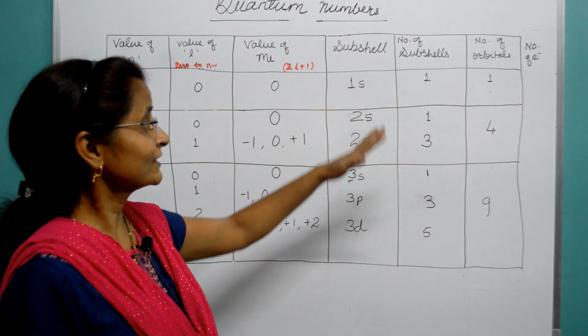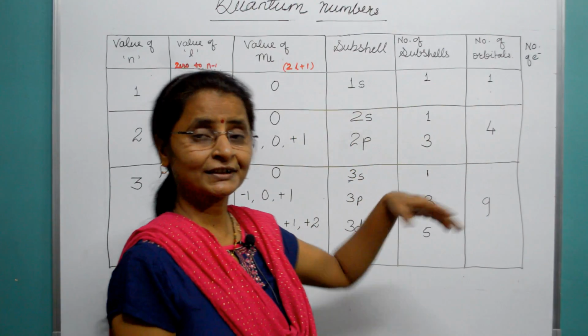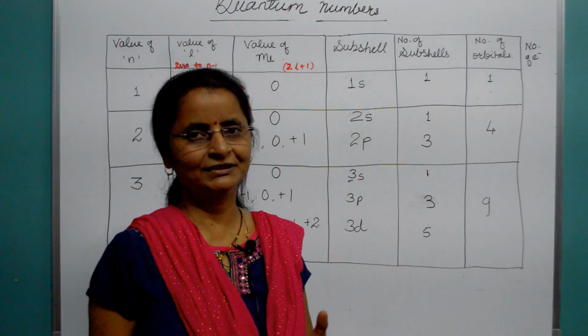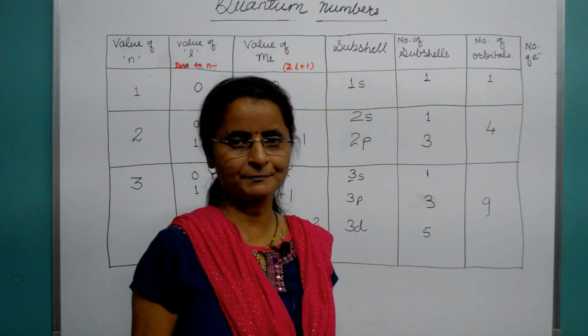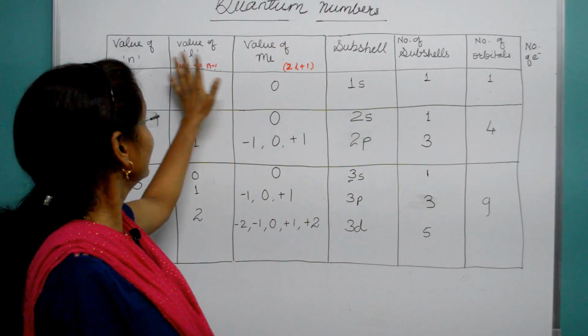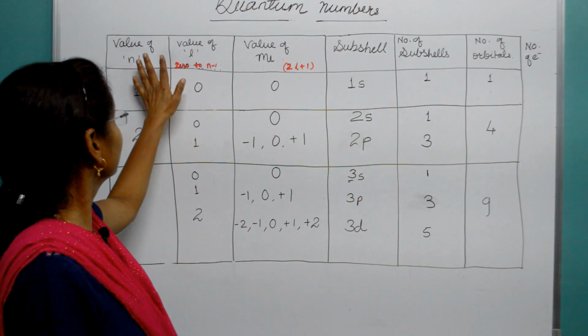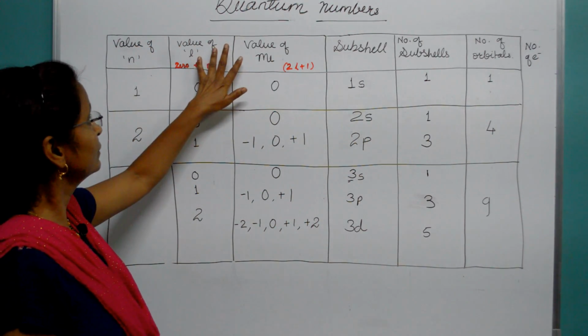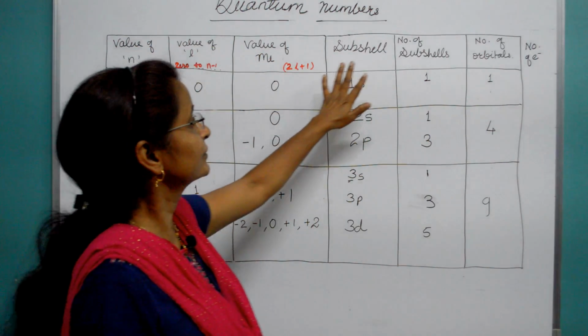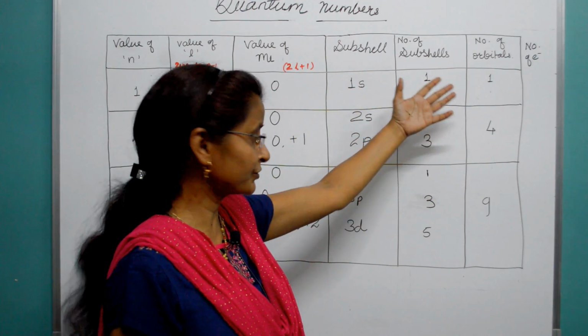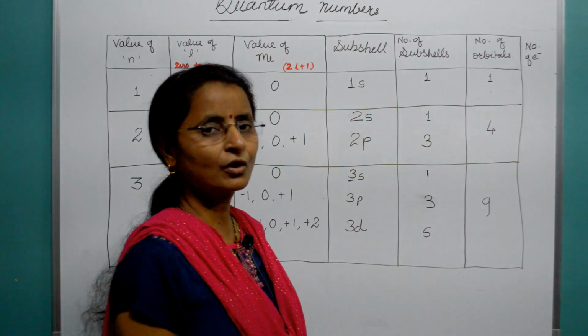Now just see in this tabular form, we will again recall all the things about quantum numbers. We already discussed quantum numbers. Now in this table: value of n, value of l, value of ml, subshell, number of subshells and number of orbitals.